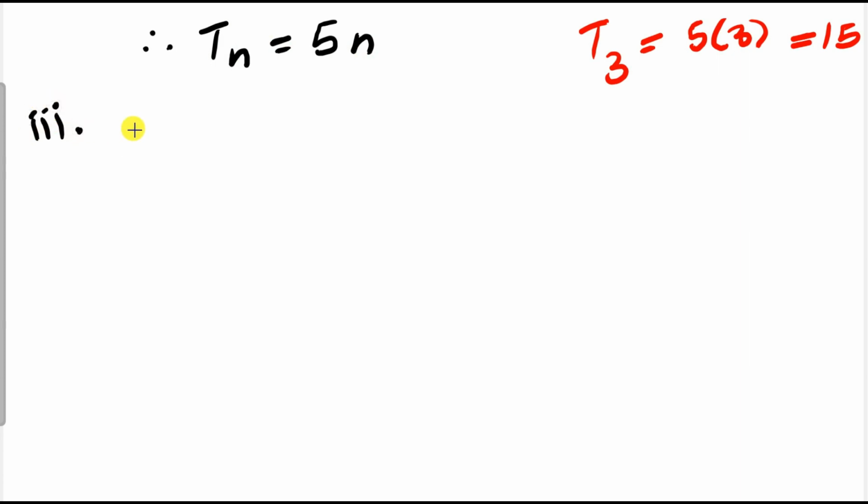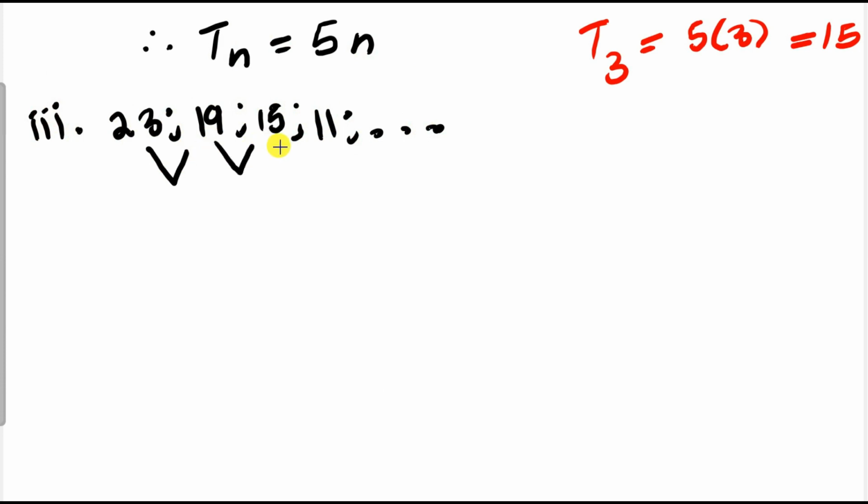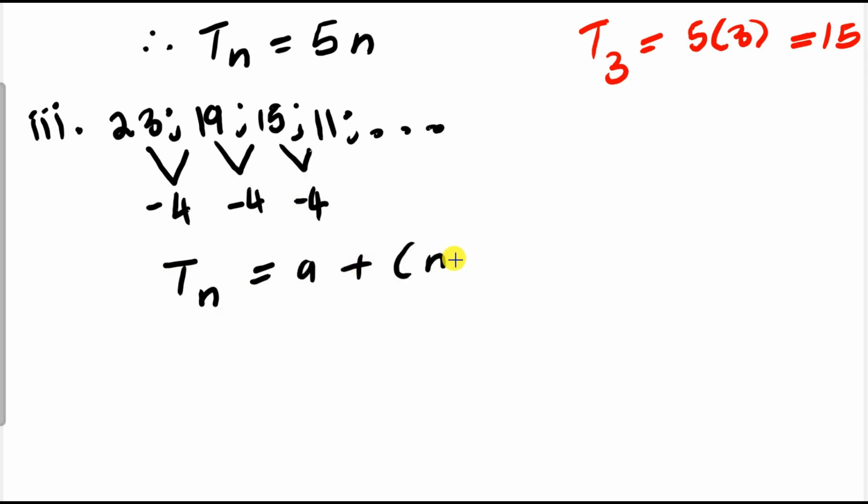With the third one, we had 23, 19, 15, 11, and so forth. So with this one, again, I will do that. 19 minus 23 is minus 4. 15 minus 19 is still minus 4. 11 minus 15 is minus 4. Now, we say Tn equals a plus (n minus 1) times d.